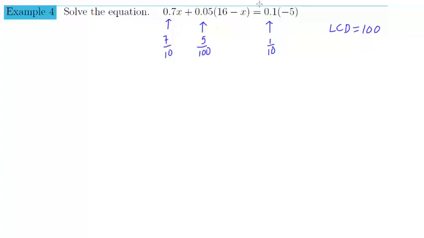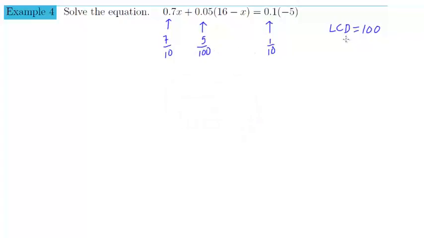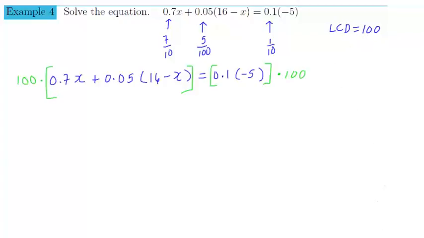Okay, I'm going to keep the decimals in when I multiply both sides by 100. All right, but I simply showed you that 0.7 is 7/10 and 0.05 is 5/100. I showed you this so you could see the LCD, the thing you have to multiply both sides by in this equation, is 100.